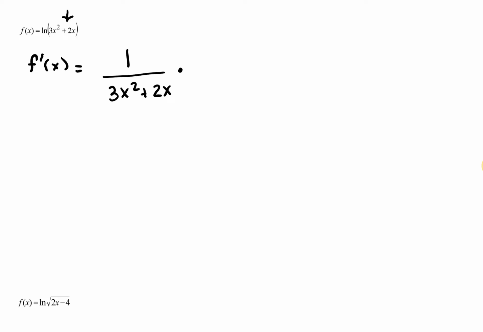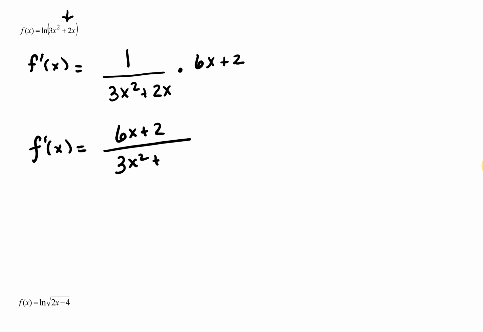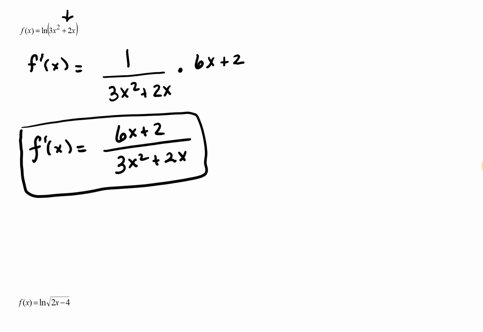The derivative of 3x squared is 6x, and the derivative of 2x is 2. When you clean it up a little bit more, you end up with 6x plus 2 over 3x squared plus 2x, and that right there is your final answer. Now, yes, there's a lot of 6s, 2s, and 3s, and you can factor out a greatest common factor here, but if you do that, you're not going to have anything that cancels out. So this one is acceptable to leave like this.